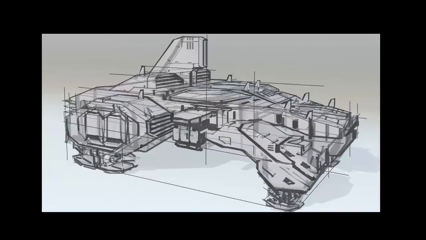So I'm really emphasizing with my line the major axis of the ship, and that's how you want to establish the major axis first, with long sweeping lines. And if my lines draw off of the silhouette of the design, that's fine.